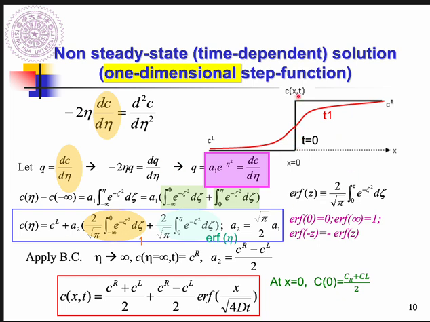This point always maintains the average of CR plus CL, and at right infinity the concentration should be maintained at CR, and at left infinity the concentration should remain CL. Under these situations, you can use these solutions.